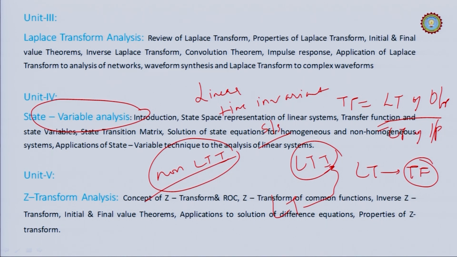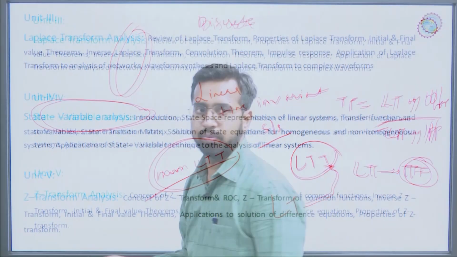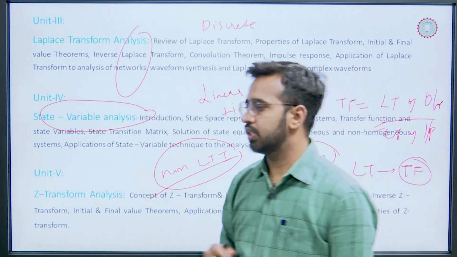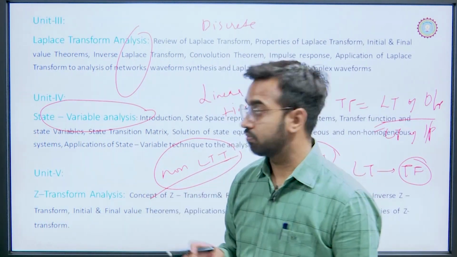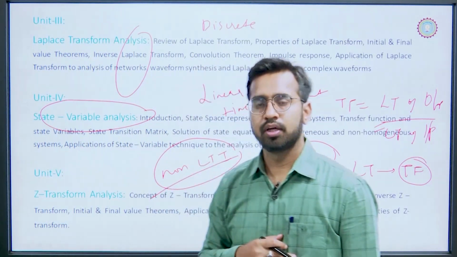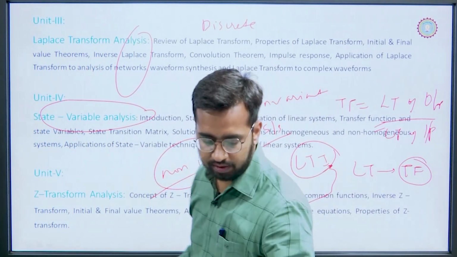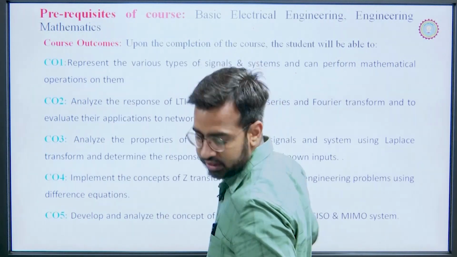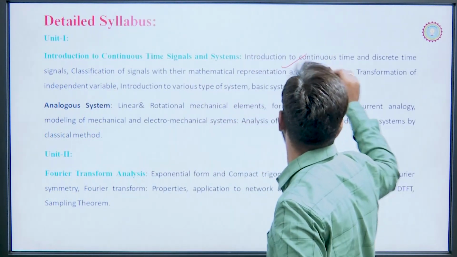Now, till now what we have studied, the response in the frequency domain, was for continuous time signals. Right from the start we study two types of signals, continuous and discrete.